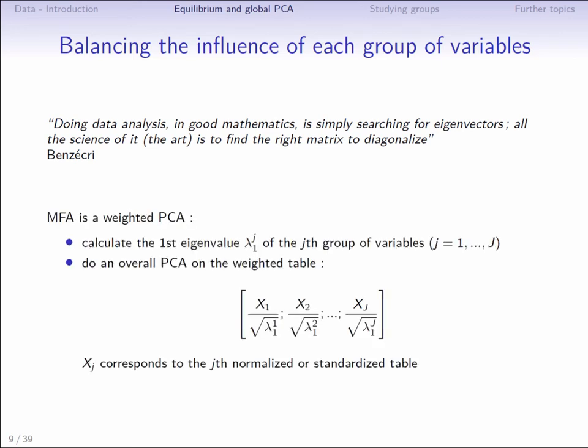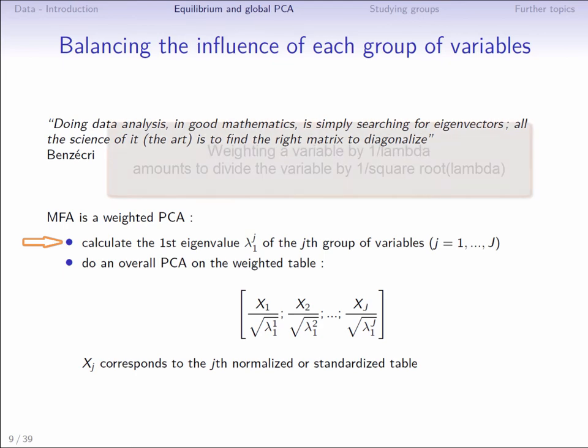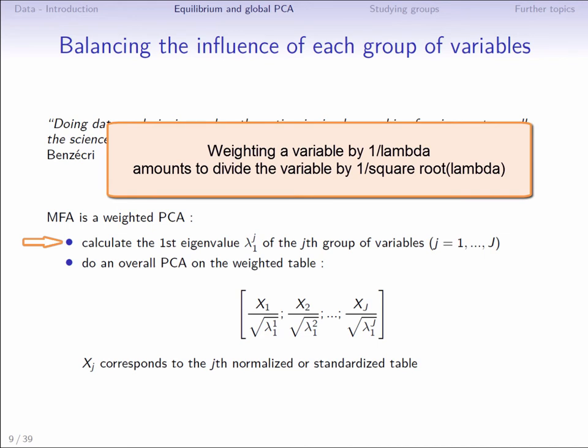The weighting we have found amounts to using, for each variable, a weight equal to the inverse of the first eigenvalue of the group to which it belongs. Thus, the first step of the analysis consists in calculating the first eigenvalue of each group. Then, weighting a variable by the inverse of the first eigenvalue of the group to which it belongs amounts to dividing each variable by the square root of the first eigenvalue of its group.